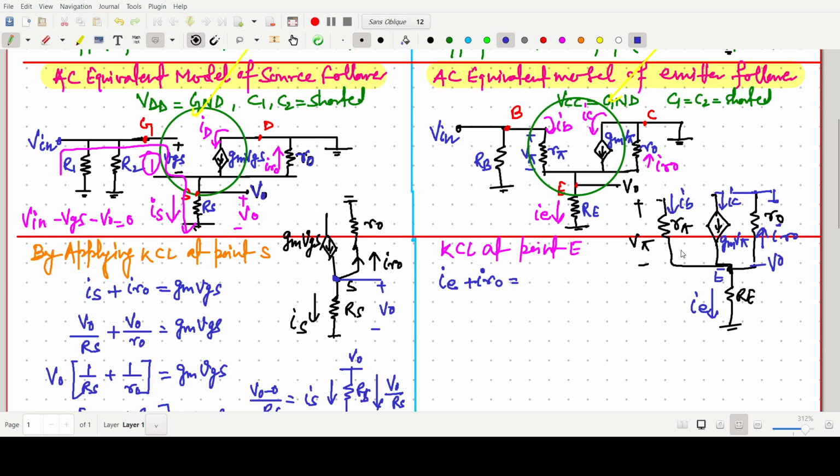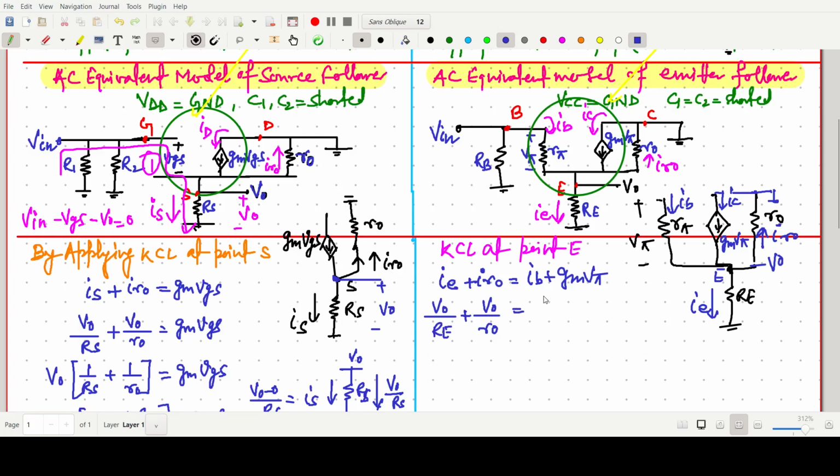Outgoing, and incoming is IB plus gm V pi. Now the current IE is V naught by RE, and this should be V naught by R naught. Very similar to this one.